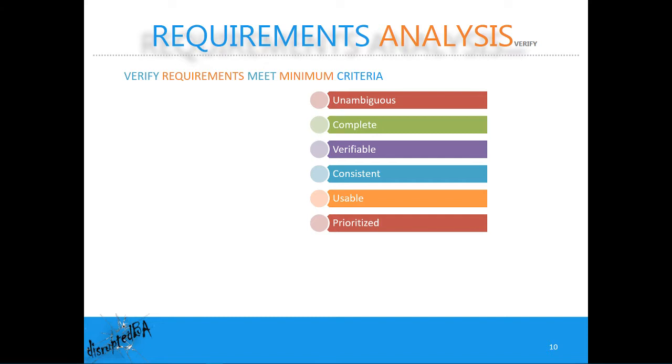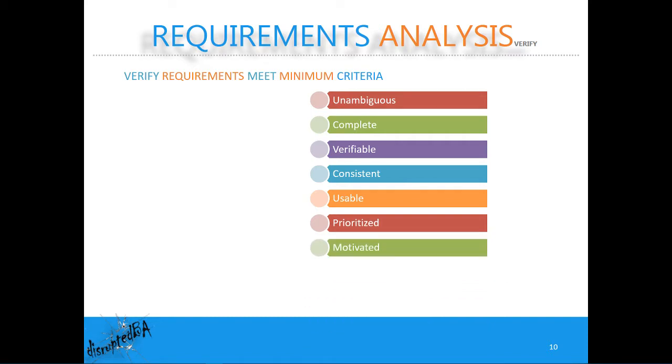Then it should be prioritized, or you should be able to prioritize it. You should be able to rank it or to group it in terms of importance and value. There's no such thing as everything having the same importance. Something is more important than others, and that's why you use both importance and value. This will give you a ranking as far as priority is concerned that should be unique in itself.